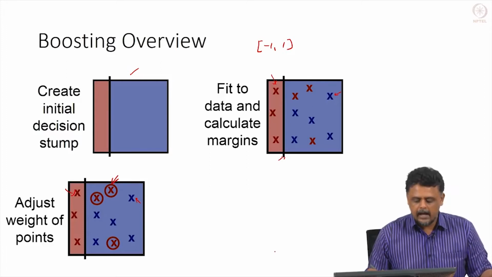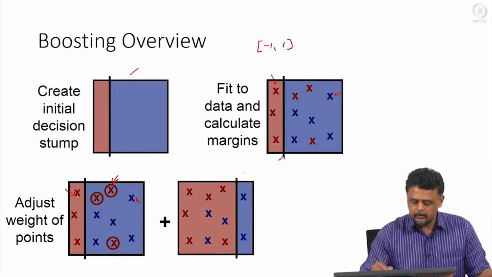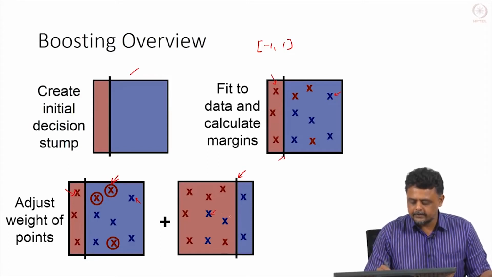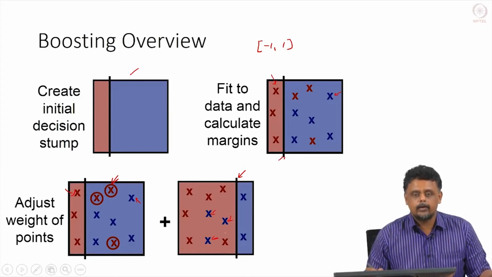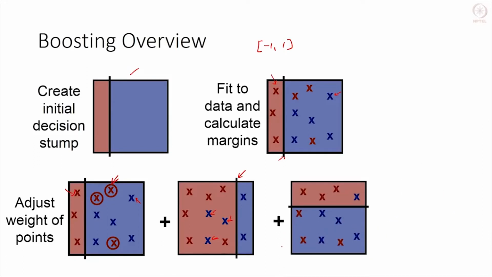Then we have these reweighted data points, which you classify again to get a new classification boundary. In this case, all the red points have been classified correctly, while there are a few misclassifications for the blue data points. One more time we do the reweighting and get a new classification boundary here.